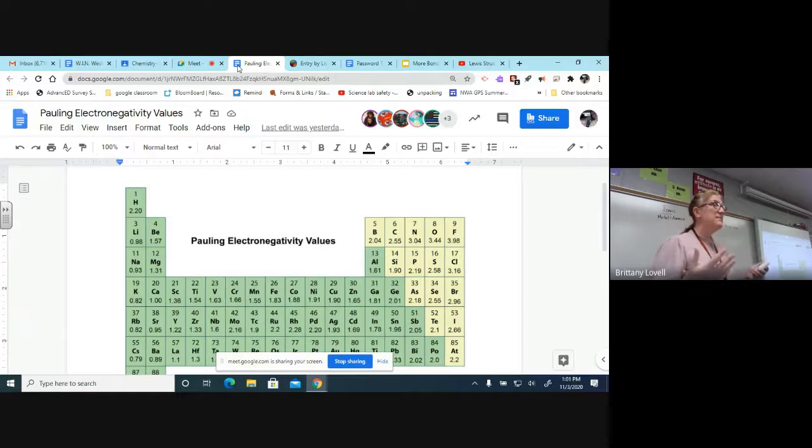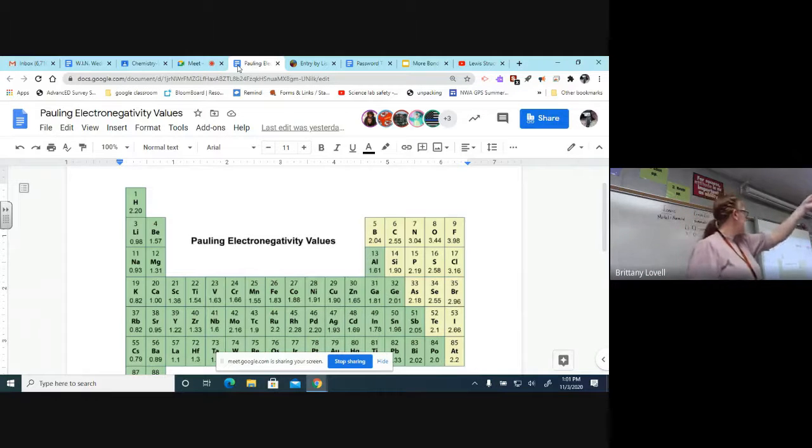You need this. Every element, with the exception of most of the noble gases, has an electronegativity value assigned to it, right? It tells you how strongly they'll attract electrons if they're bonded with something, okay? And the electronegativity values increase as you get closer to fluorine. So what you're going to do, like for instance, for Li and Cl, you would look up their values on the Pauling scale.